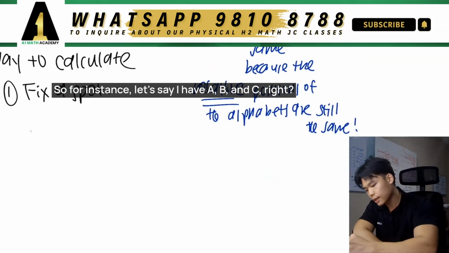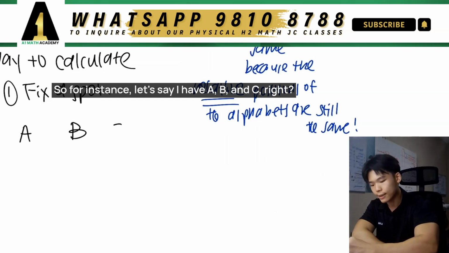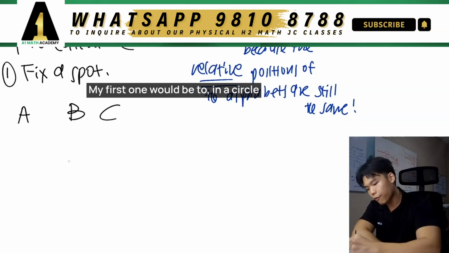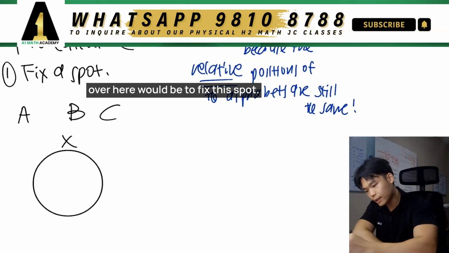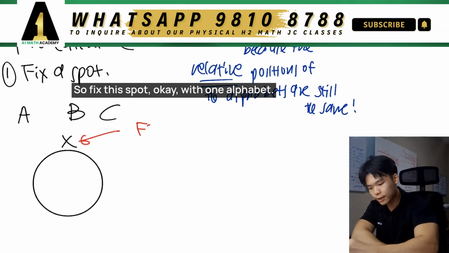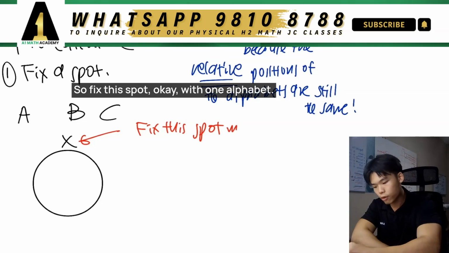So for instance, let's say I have A, B, and C. In a circle over here, my first step would be to fix this spot with one alphabet.